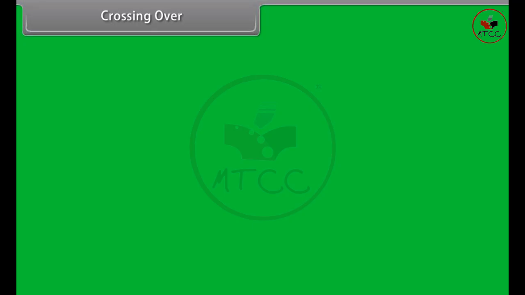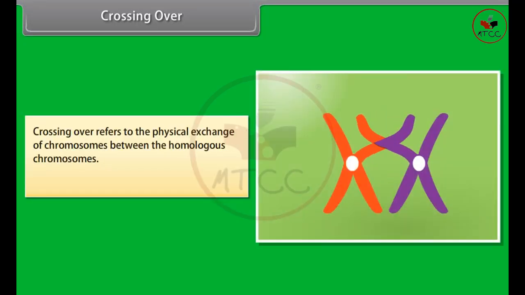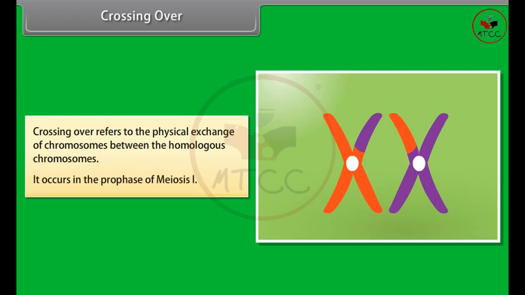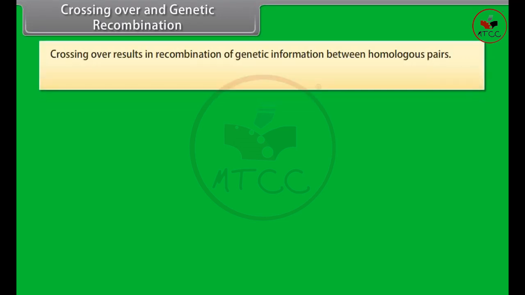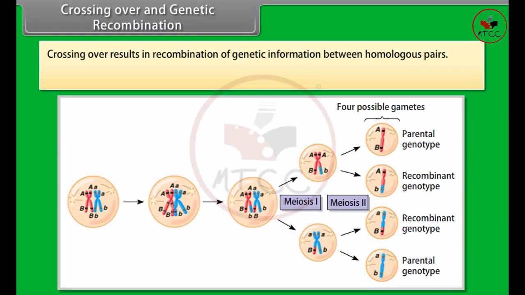Crossing over. Crossing over refers to the physical exchange of chromosomes between homologous chromosomes. It occurs in the prophase of meiosis 1. Crossing over and genetic recombination. Crossing over results in recombination of genetic information between homologous pairs.